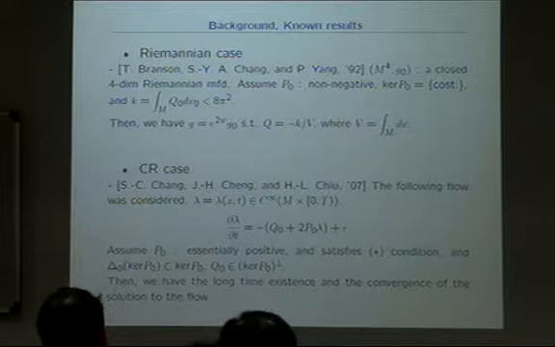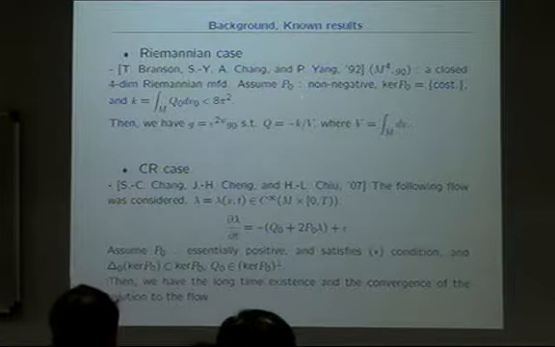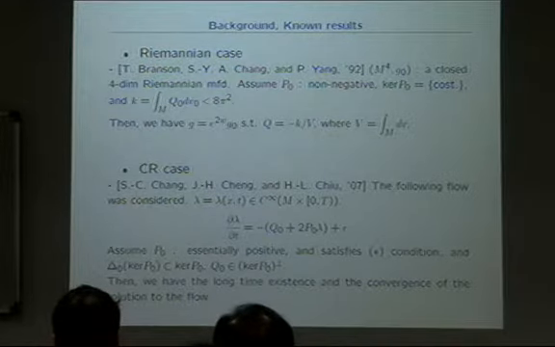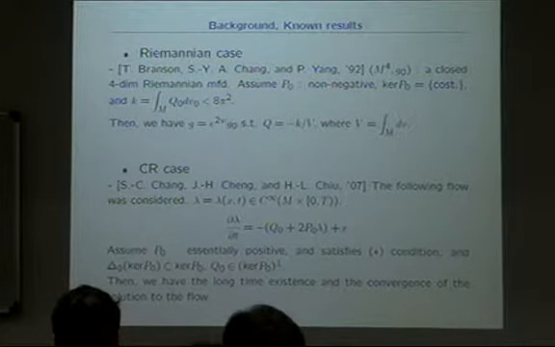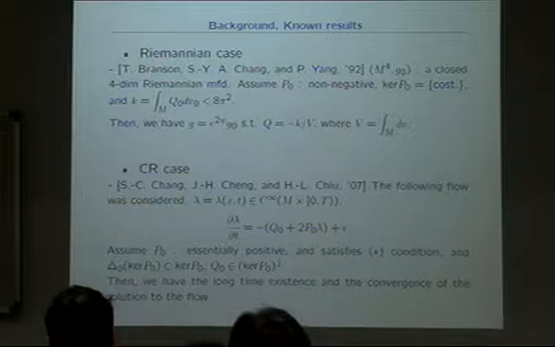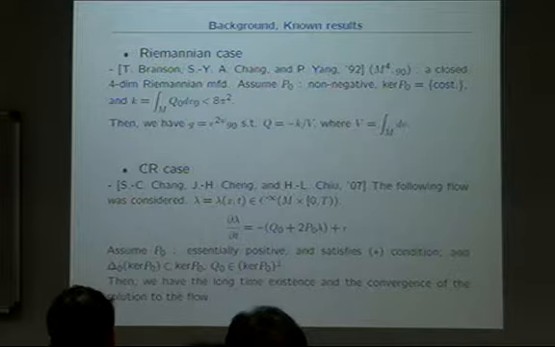First, we assume non-negativity of P, and next we assume the kernel of P consists of all constant functions. And thirdly, we assume the integral of Q-curvature is bounded above by this constant. In this situation, we can always find a conformal metric g such that the Q-curvature is constant, this constant.